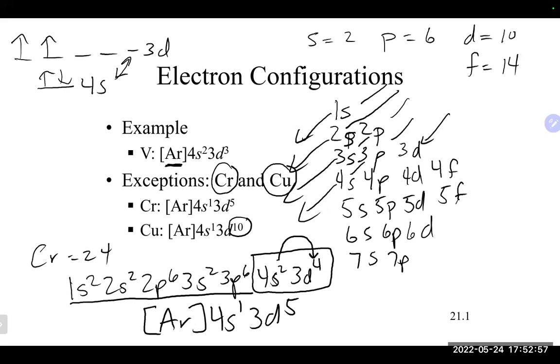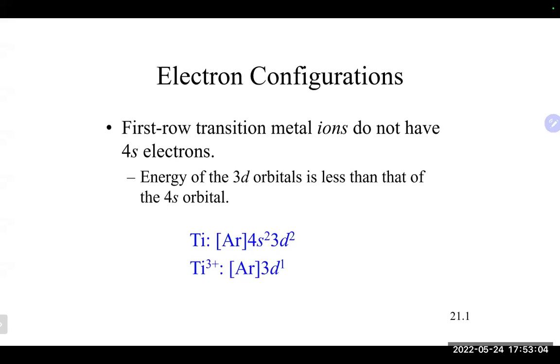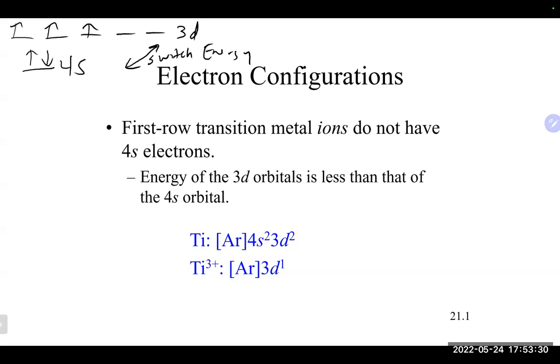You may also remember that when these transition metals go to lose electrons, they actually lose the s's first, and that is because, as I drew there, although when they are going into the atom, the electrons go into the s and then into the d, once the d's get populated, there's actually a switch in energy that occurs, and the 4s ends up being higher in energy than the 3d, which means that when they go to lose electrons, we always lose our highest energy ones.